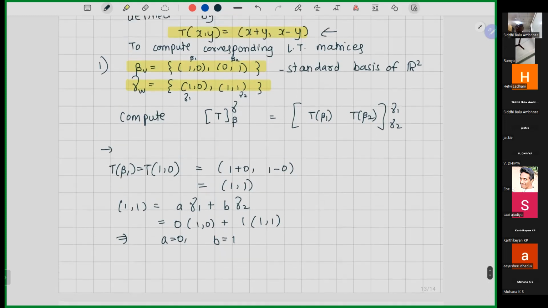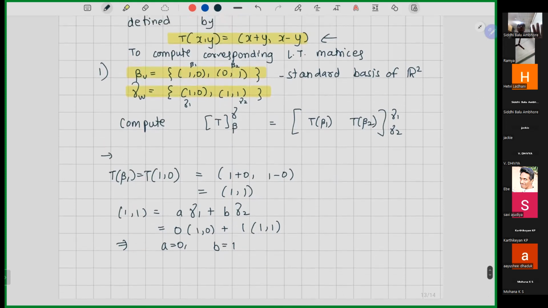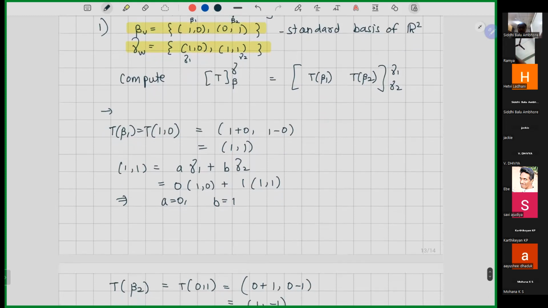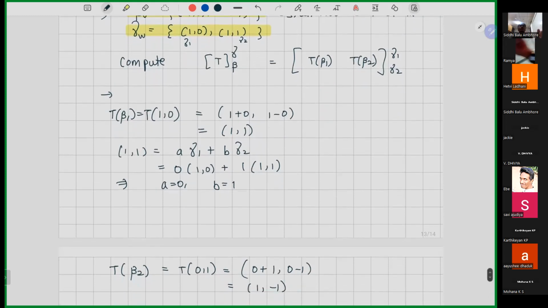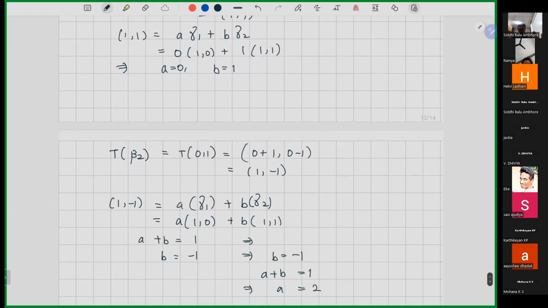So when we have the identity linear transformation, that is V going to V, and we have two different bases, suppose beta 1 and beta 2, and we find the matrix of the identity linear transformation with respect to beta 1 and beta 2, then what we get is the basis change matrix.